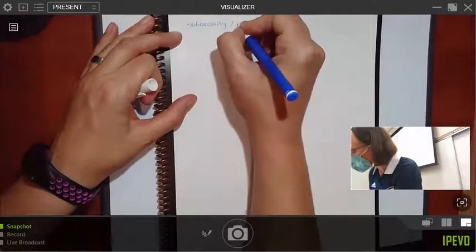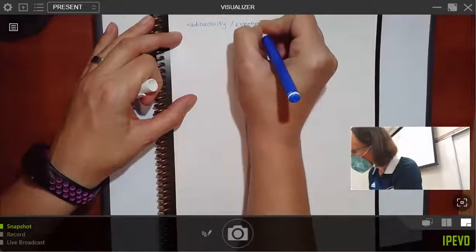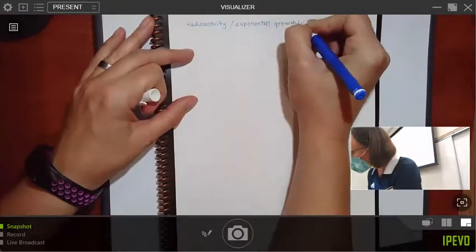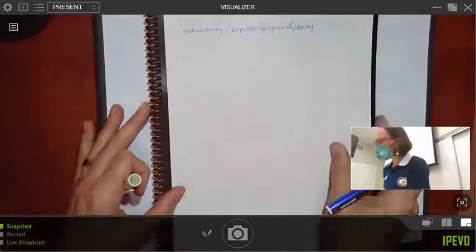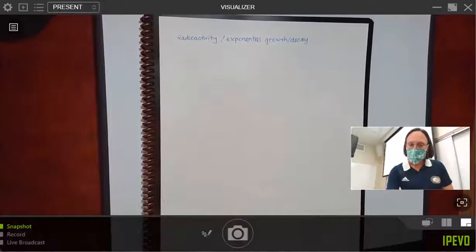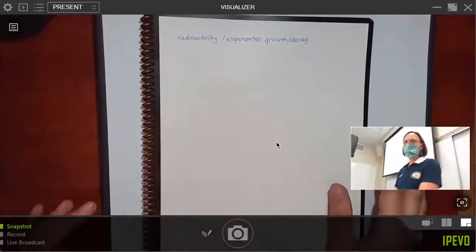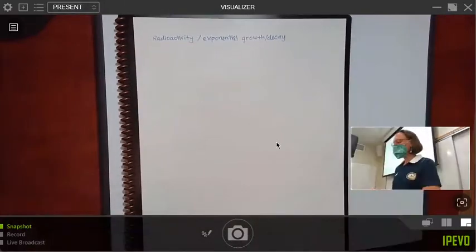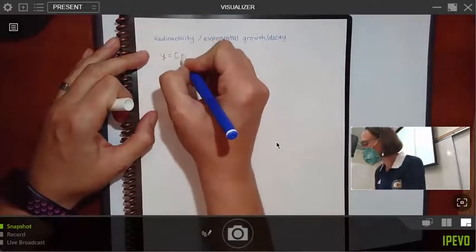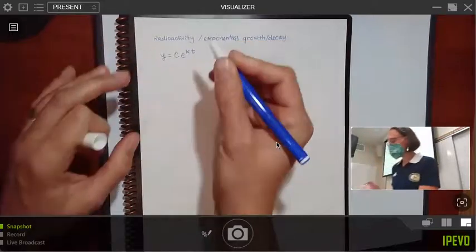So when we're talking about radioactivity or exponential growth or decay, the overall equation that we're usually working with is something like y equals Ce^(kt).